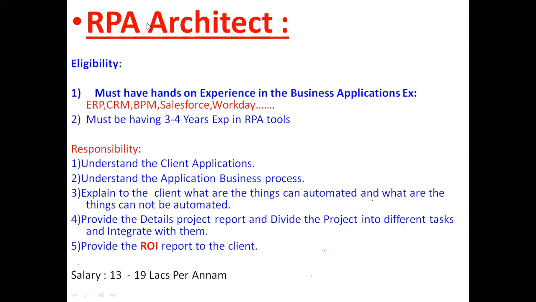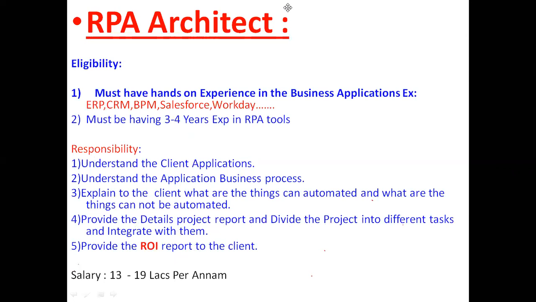The architect will understand the client's business application and the business process they use for their business activities. The architect has to explain to the client what can be automated and what cannot be automated, and provide the detailed project report and also the return on investment report.